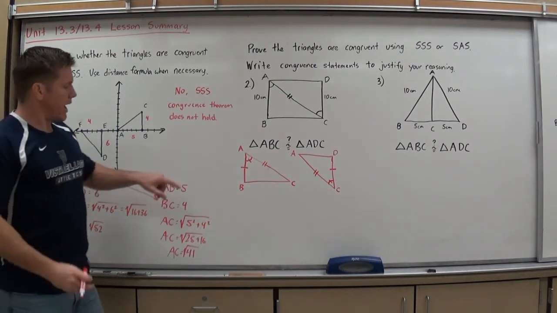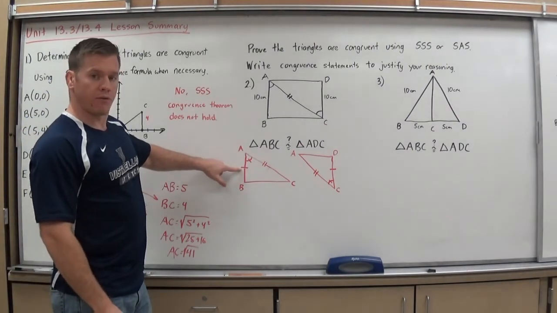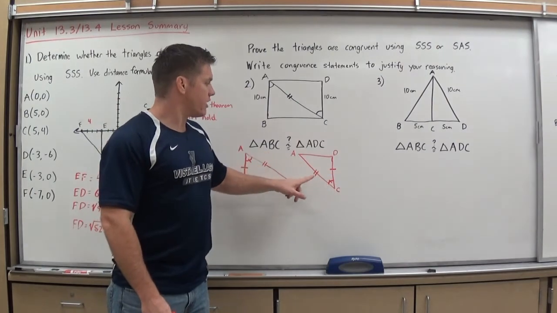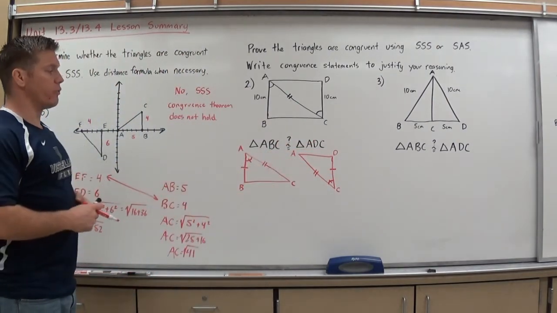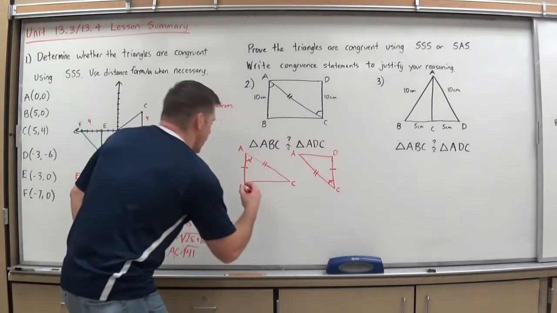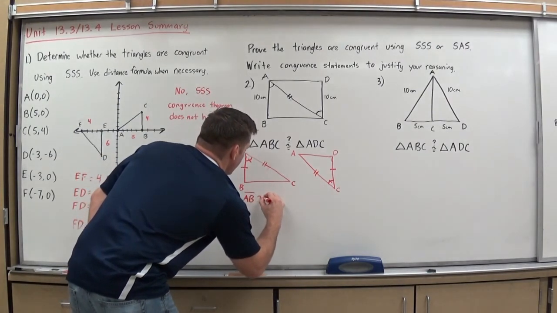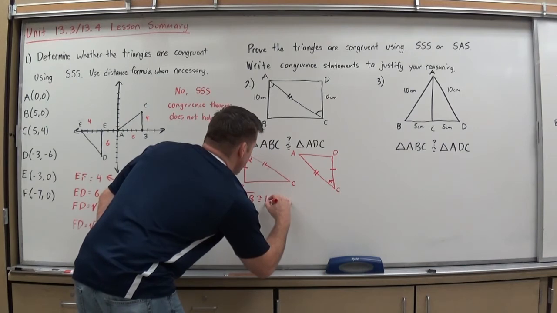And now if I look at it, I have on this triangle, when I go from 1, I go side, angle, side. It is in between them. Side, angle, side. It is in between them. I have enough information now to prove that these triangles are congruent. So I can say side AB is congruent to side DC.